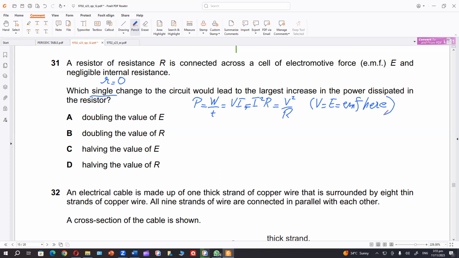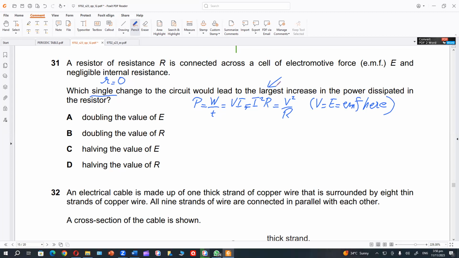V is equal to E. We have to see all options. Largest increase. You have to see this word, largest.